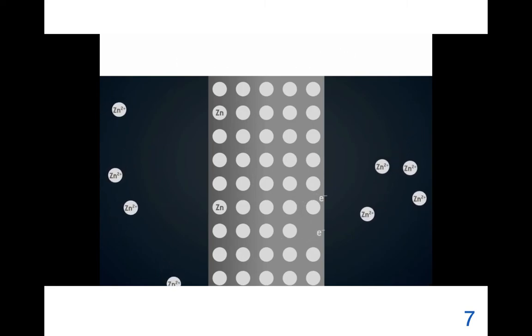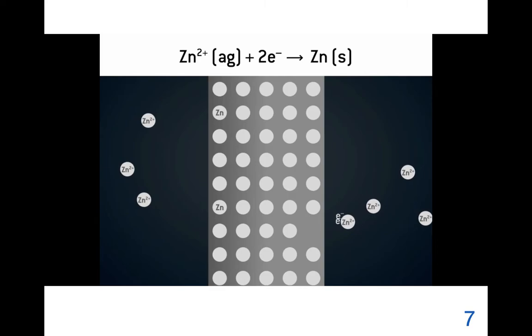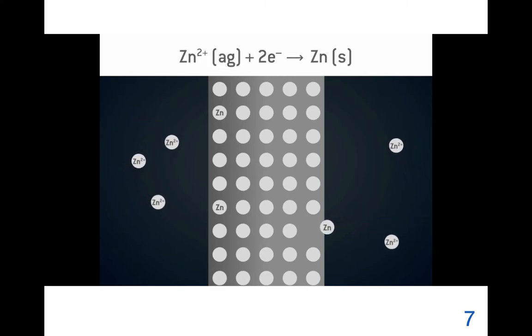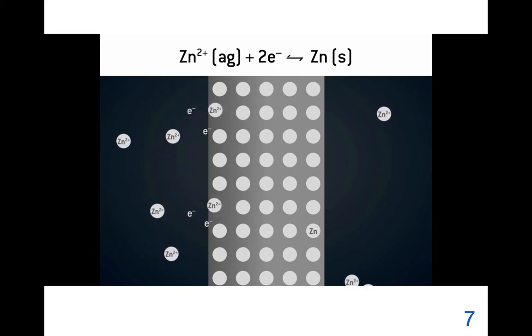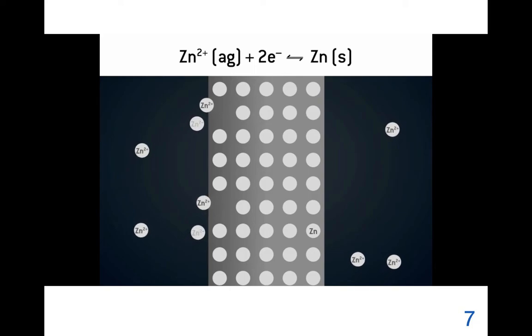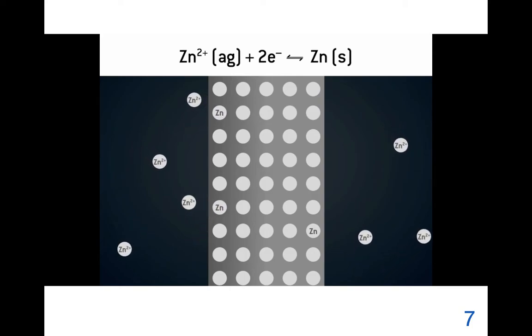This causes zinc ions in the solution to accept electrons and form zinc atoms. An equilibrium will be established. If the electrical potential could be measured, it would tell us how easily electrons are released by the metal. That is, how good a reducing agent it is. However, electrical potential cannot be measured directly.